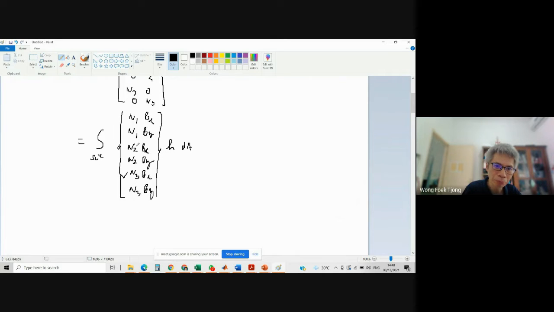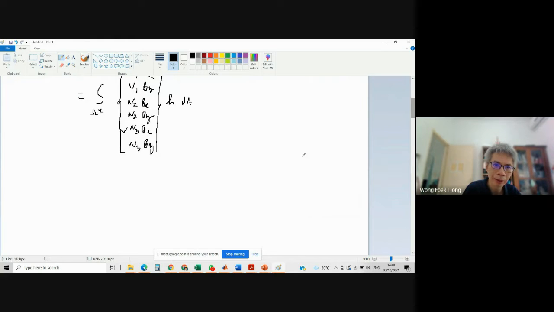For example, how to integrate the first one. How to calculate the integral of this one, N1 dA. Okay, let me just write like this, okay? Because the thickness is constant, we don't need to worry about the thickness.